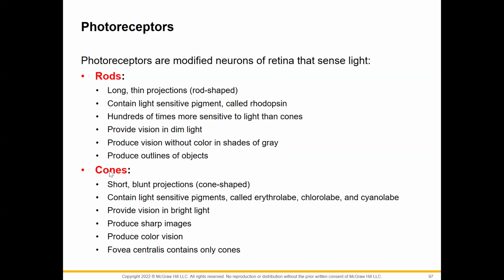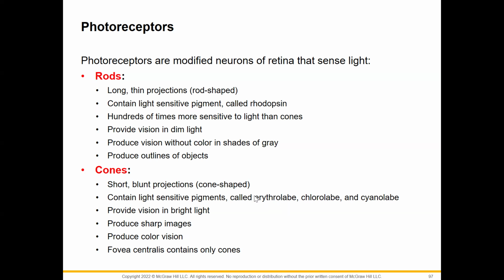Cones are for color. The cones are short, blunt projections, or cone-shaped projections. These contain the light-sensitive pigments erythrolabe, chlorolabe, and cyanolabe. I hope that's how it's spelled. Erythro means red.